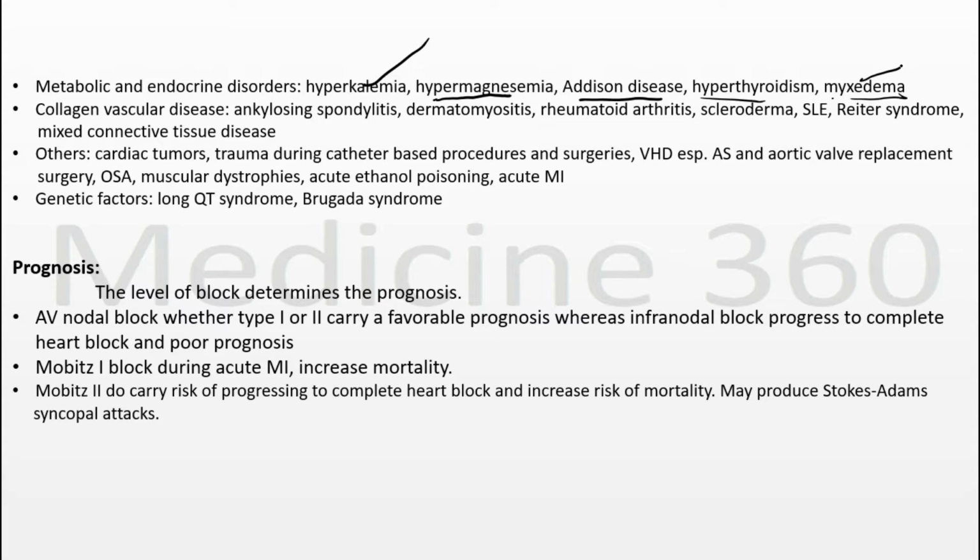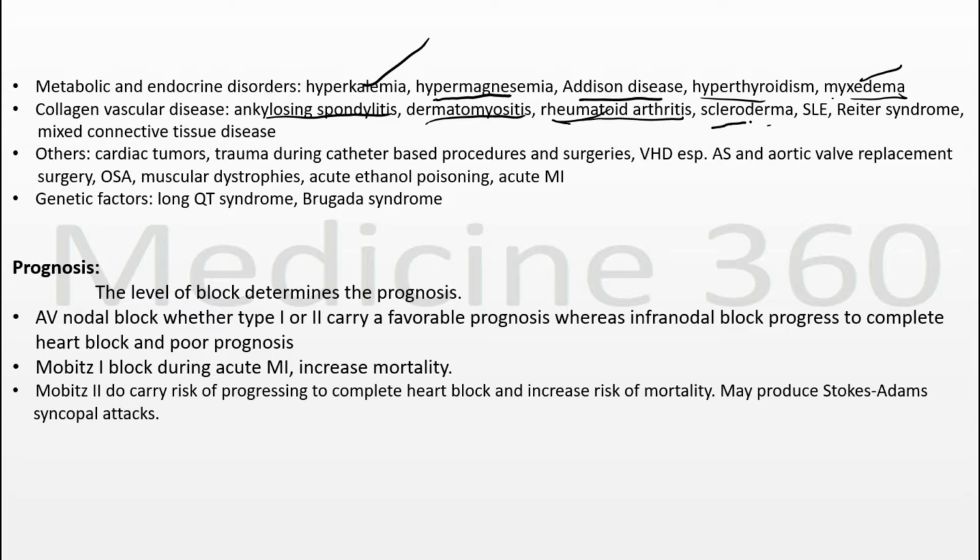Then other disorders are collagen vascular disorders. Heart blocks can also be associated with ankylosing spondylitis, which involves the bamboo spine and spine and joint problems. Dermatomyositis, which is an autoimmune disorder involving the skin and the muscles. Then rheumatoid arthritis, a disease of the joints, which is an autoimmune disorder.